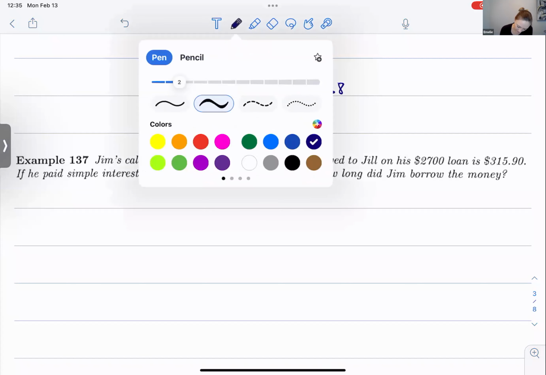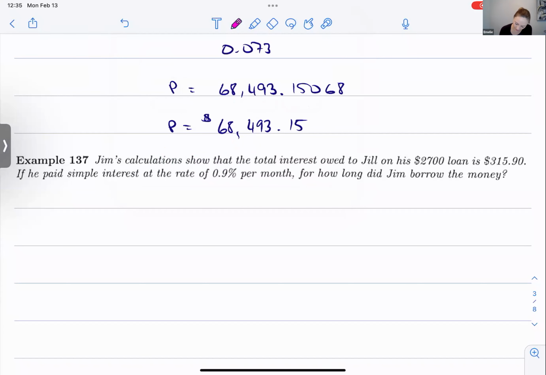So here, the information that we're given is, okay, so the principal amount of the loan was $2,700. Okay. The amount of interest is $315.90.